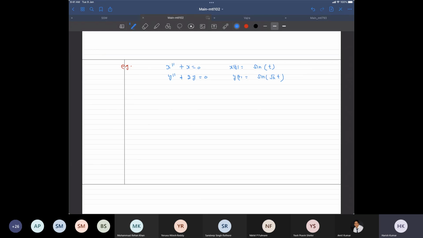Okay, clearly sine of square root of t oscillates faster than sine of t, because if you plot, let us say this is t equal to 0, then this will be the graph of x(t), but the graph of y(t) will be something like this, right?